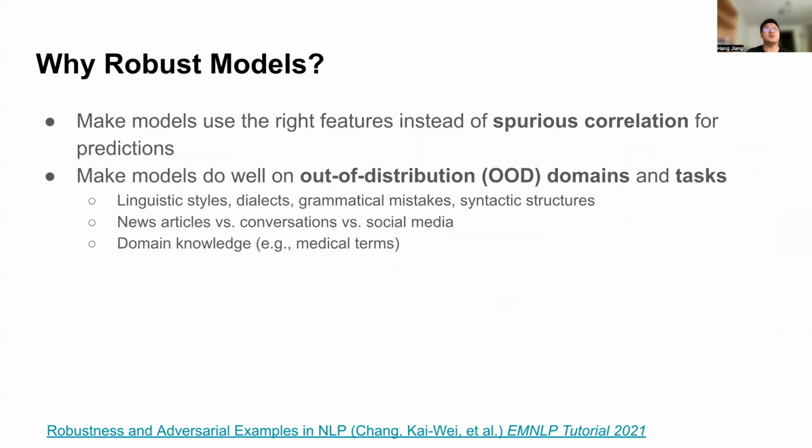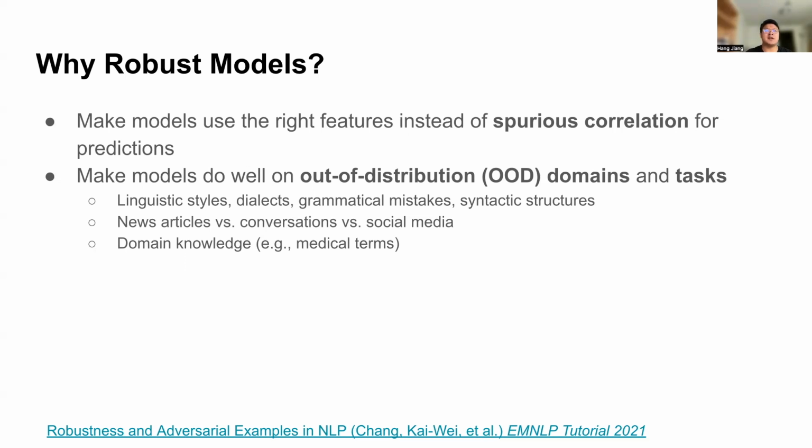And why do we need robust models? This is a very important question, because only if we make models robust can we let the models focus on the right set of features instead of spurious correlations for predictions. As we showed in the previous example, it might use some spurious lexical features to make predictions. And second, we want to make models do well on out of distribution, what we call OOD, domains and tasks.